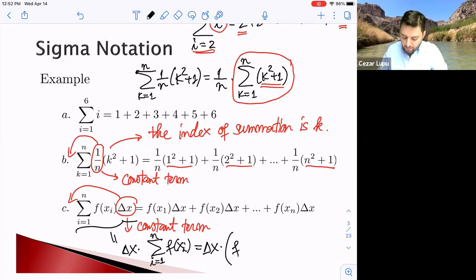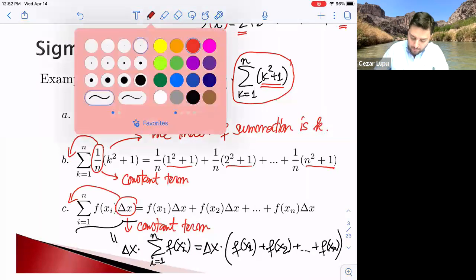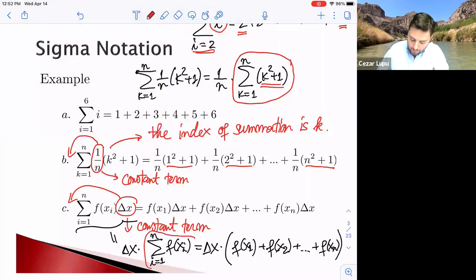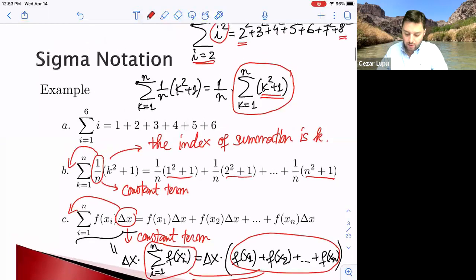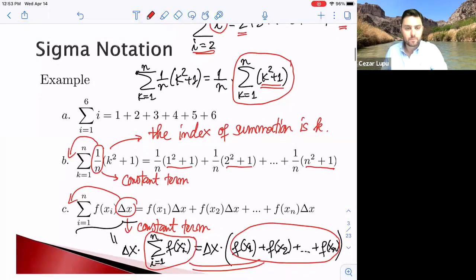So it means that this is f of x1 plus f of x2 plus up to f of xn, right? So this inside is this inside, they're equal.